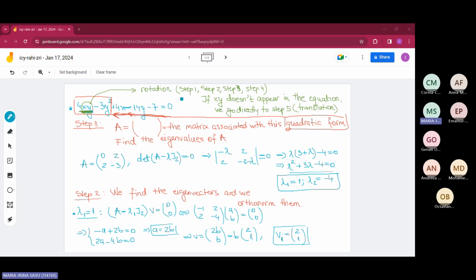What other questions do you have here? In this exercise or another question? In this exercise, if not, other questions. I had a question about another exercise, if we can do it. Okay, but are there any other questions about this problem?